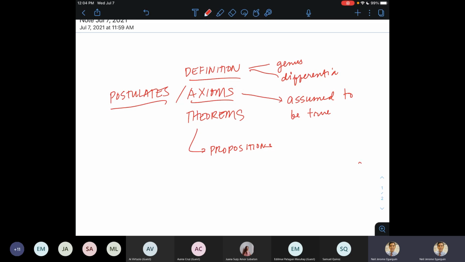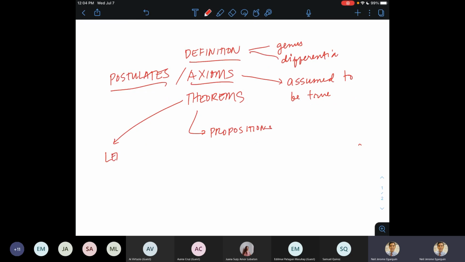Now, before a theorem, you will encounter some lemmas. So lemmas are also theorems on their own, pero the value of a lemma is for the theorems that they will produce. So yung lemma, siya yung ginagamit na statement para ma-prove yung isang theorem.